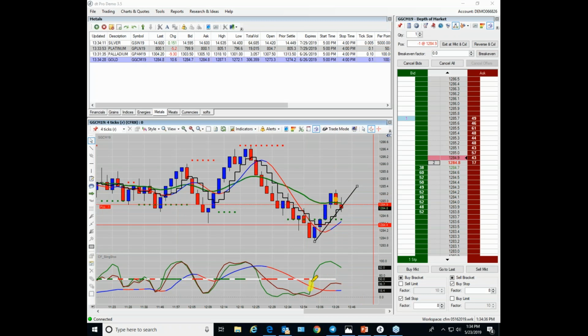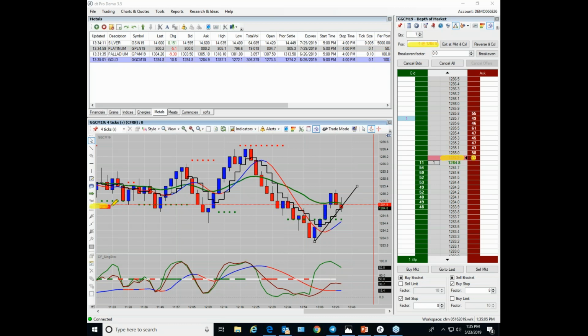Do we have separation? Is the green line pulling away? Yes, it is. What color is the cycle? It's red. It's got all the ingredients. So what I did is I went inside the DOM and I left clicked, and now we're short. We're short at 1284.90. Look on top of the DOM, the tower. It also shows us there 1284.90.